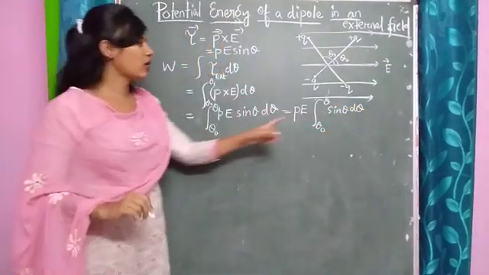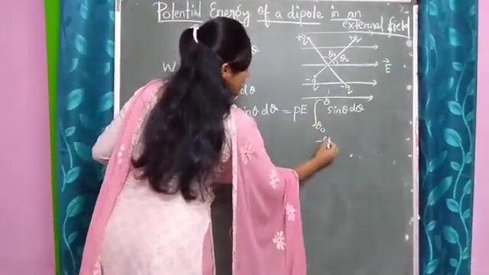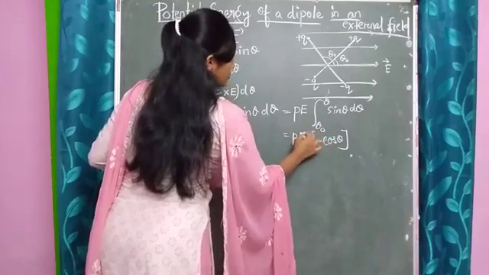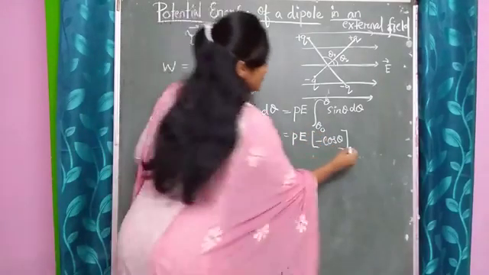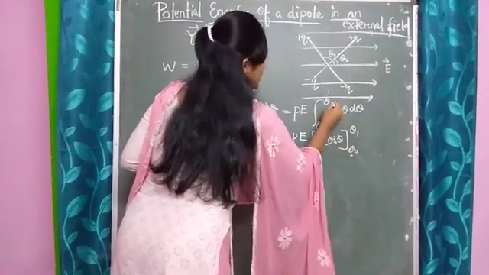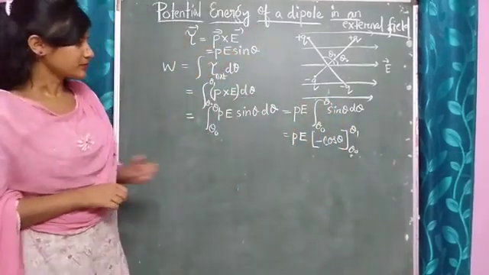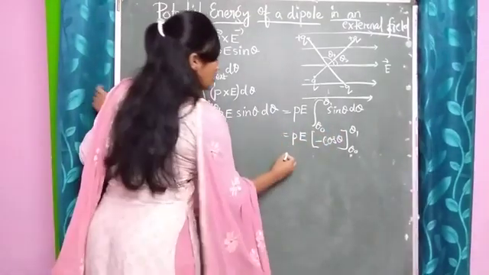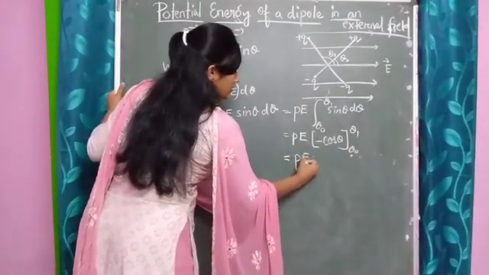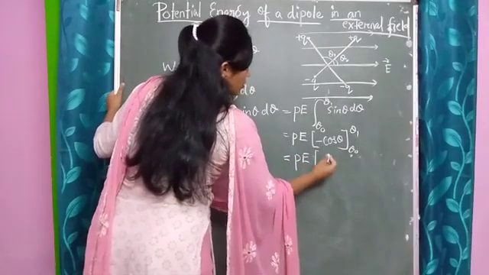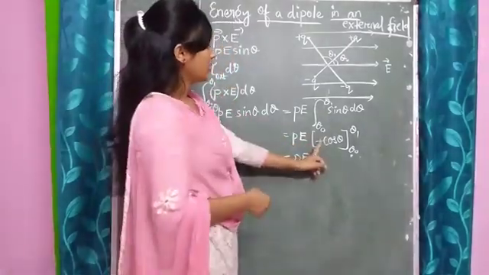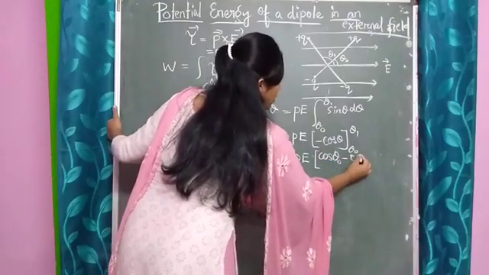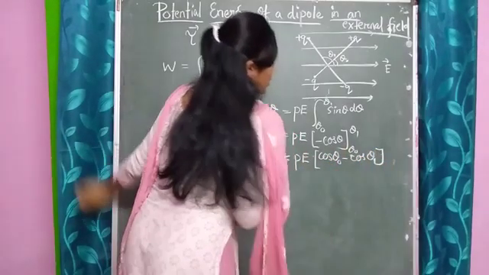The integration of sin theta gives us minus cos theta, with limits theta naught to theta 1. If I put the limits in, I get PE times cos theta naught minus cos theta 1.